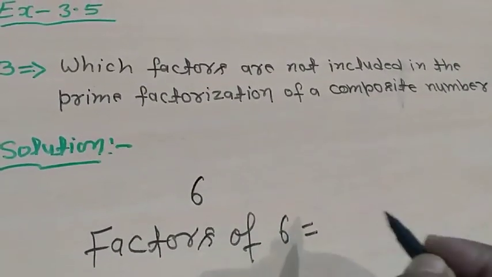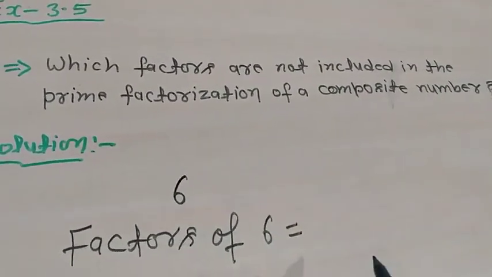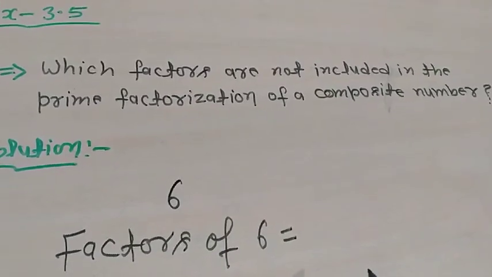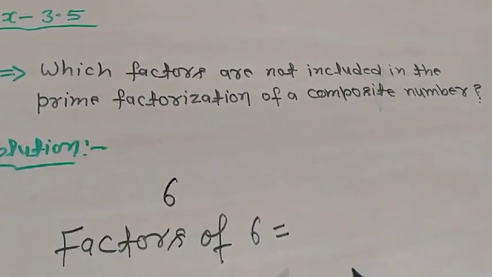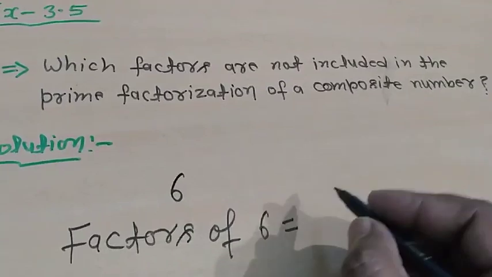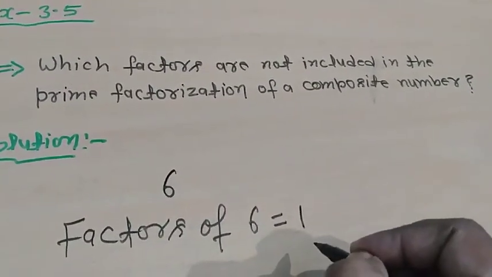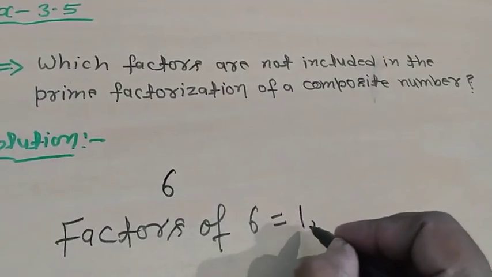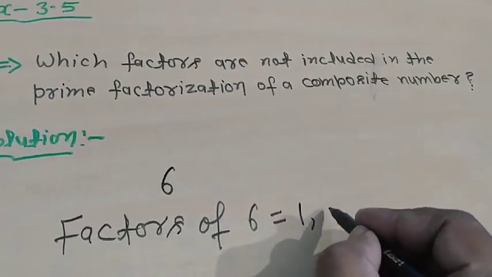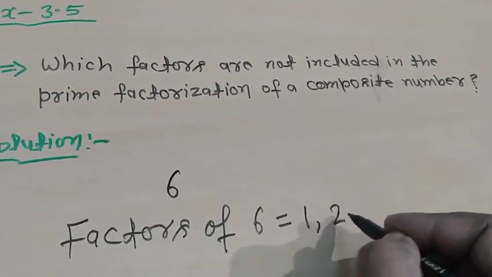What are the factors of 6? All those numbers which divide 6 are factors of 6. Okay, so first 1 divides every number, so 1 is a factor of every number. After this 2 divides 6, 2 is a factor of 6.